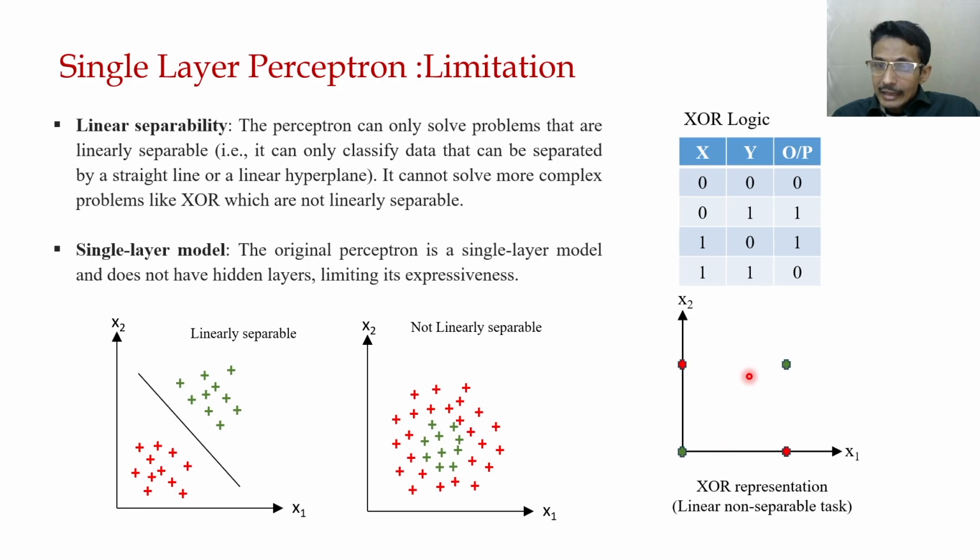No, there is no single line possible. At least 2 lines are required to separate it out. So this XOR logic, where the data points are not linearly separable, cannot be done by a single layer perceptron.